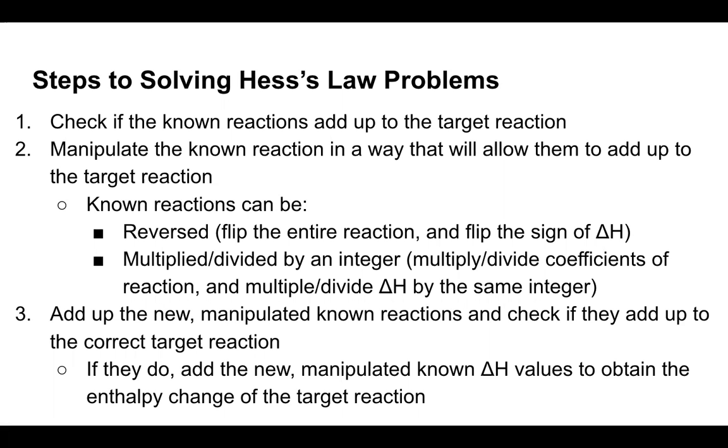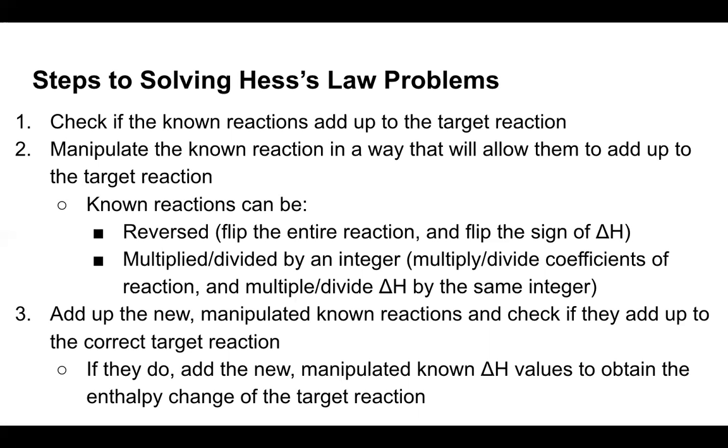So we have reversing our known reactions, or we have multiplying and dividing our known reactions by specific numbers to try and match up the known reactions to add up to our target reaction. Okay, so once you've done all these manipulations, you can try and add all of your known reactions up together again to see if you get your target reaction.